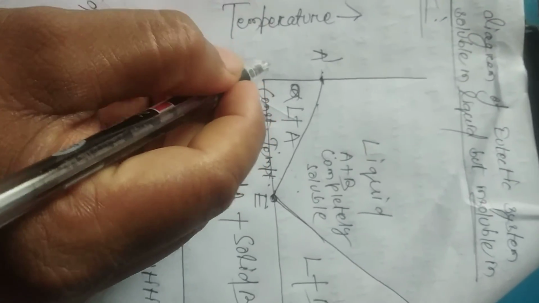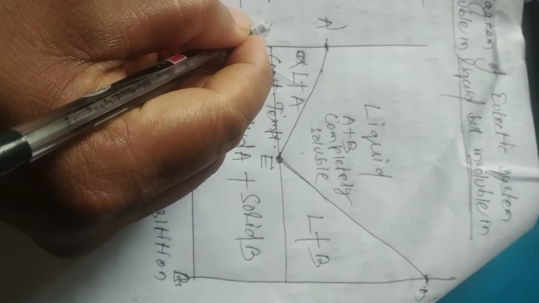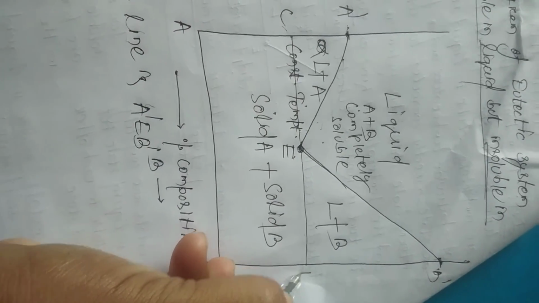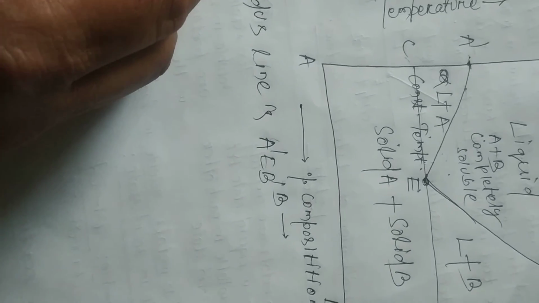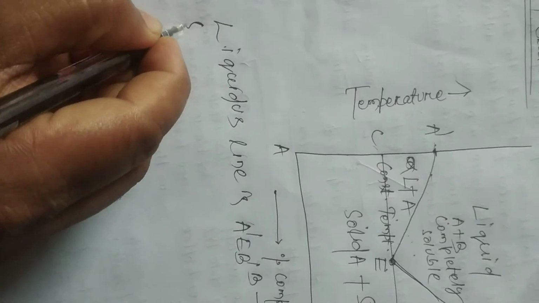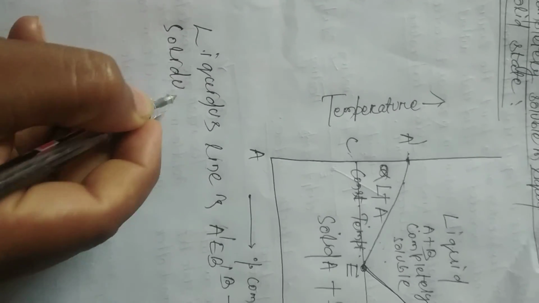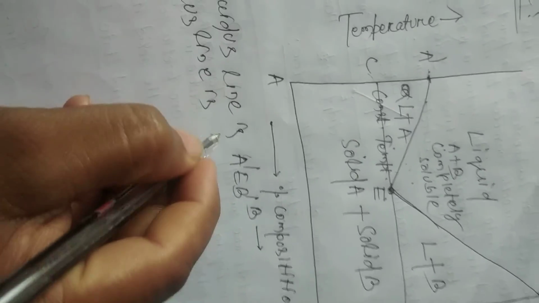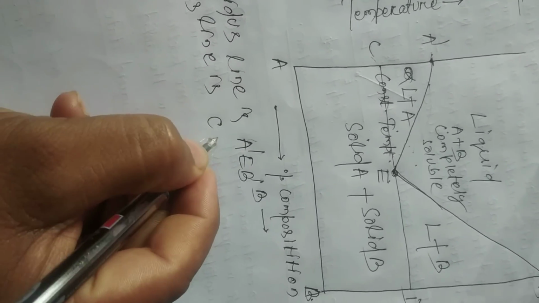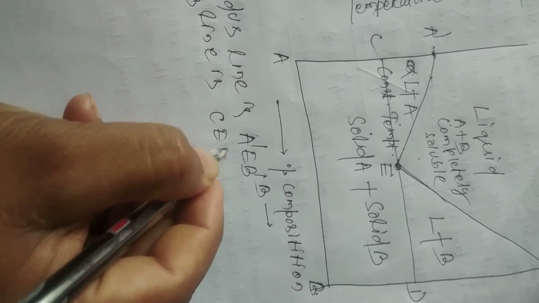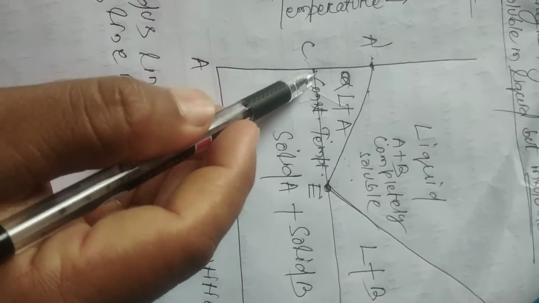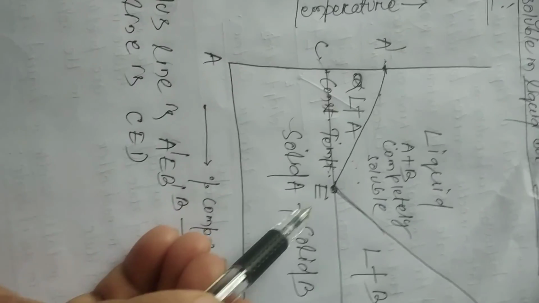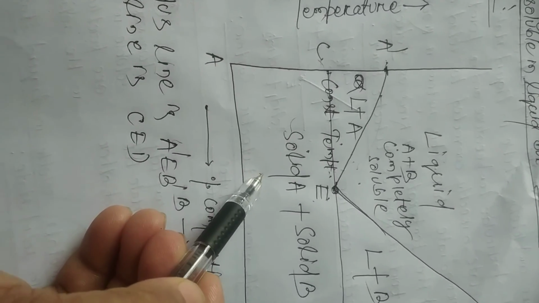I can write here C E D, solidus line. Solidus line is C E D. That means just below the line C E D there is 100% solid, or solidification is completed.